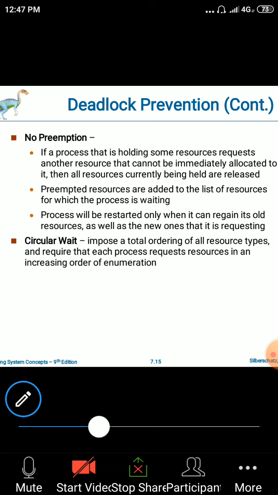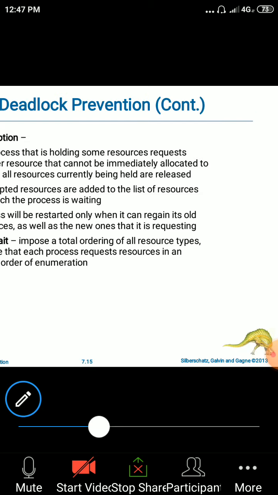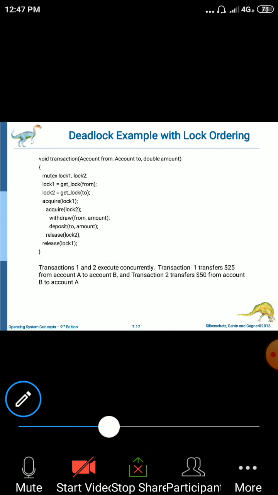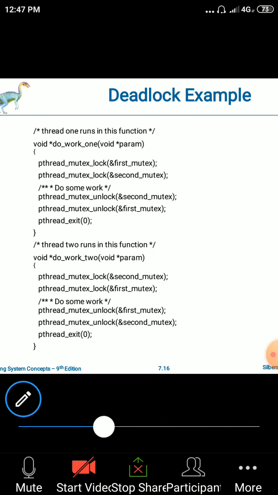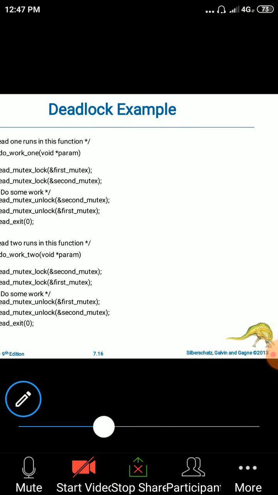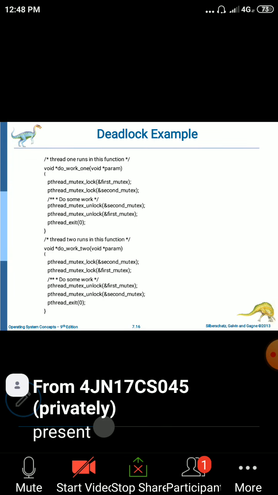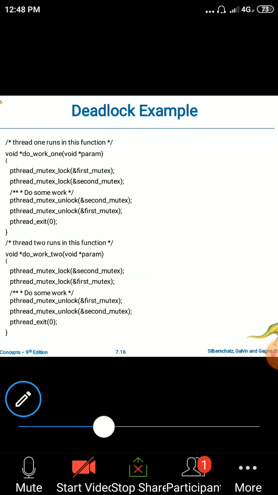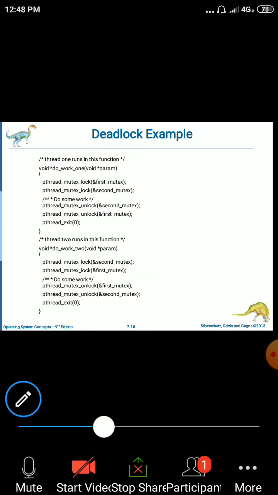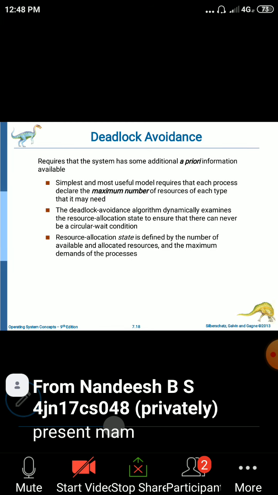In the next class we are going to discuss deadlock avoidance. What is deadlock avoidance, and which algorithms can we use? Here they have given an example for deadlocks, a mutex example, and we will discuss how we can use the mutex to avoid deadlocks in the next class.